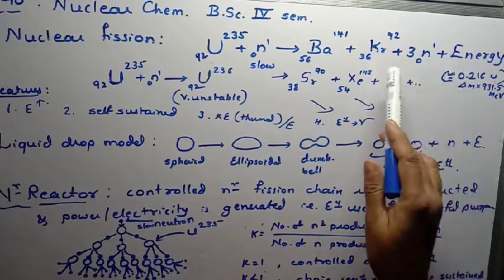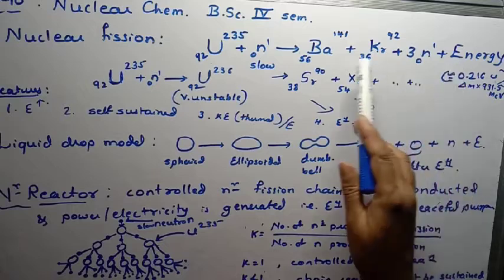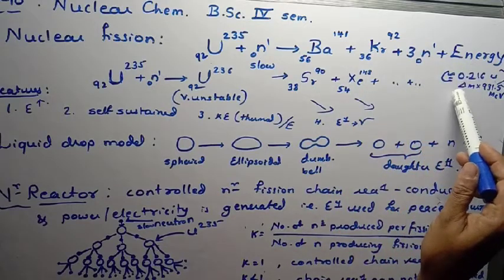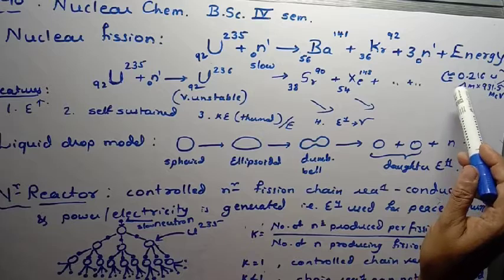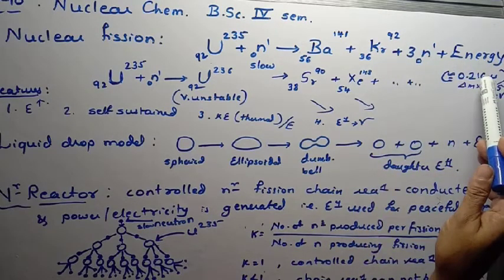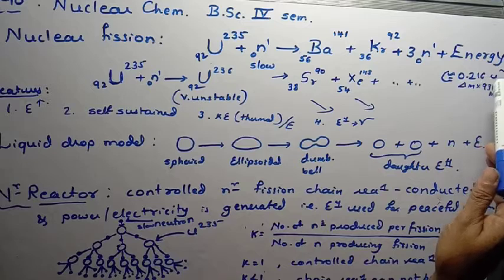And now in any nuclear fission reaction, the energy liberated is equivalent to the mass defect. In the first case, the mass defect is around 0.216 atomic mass unit.